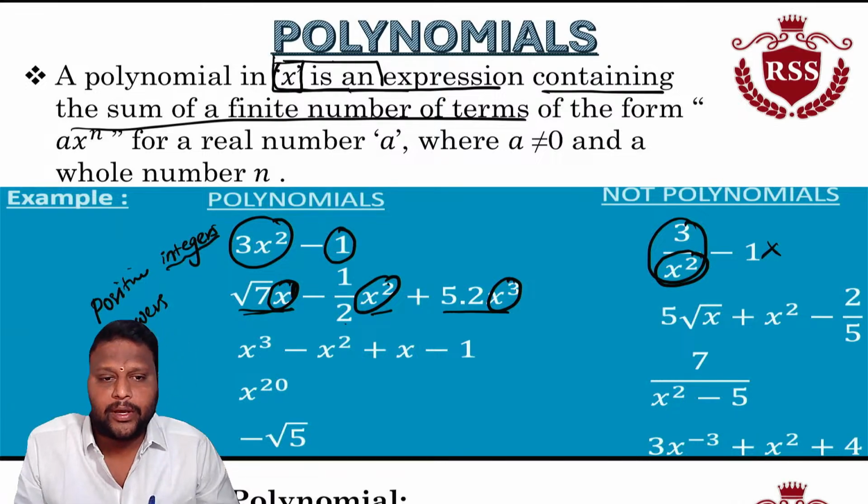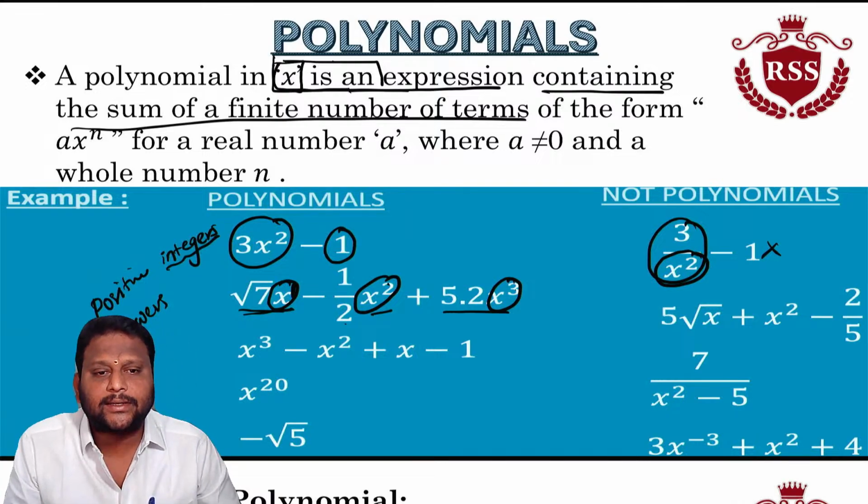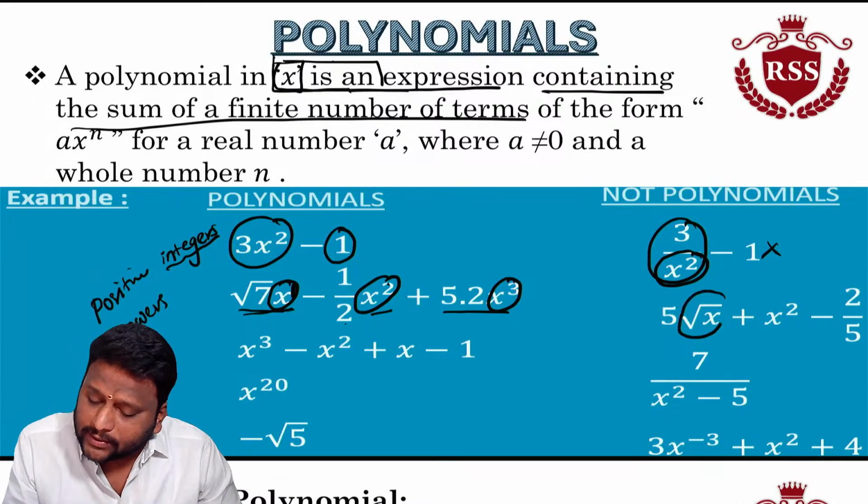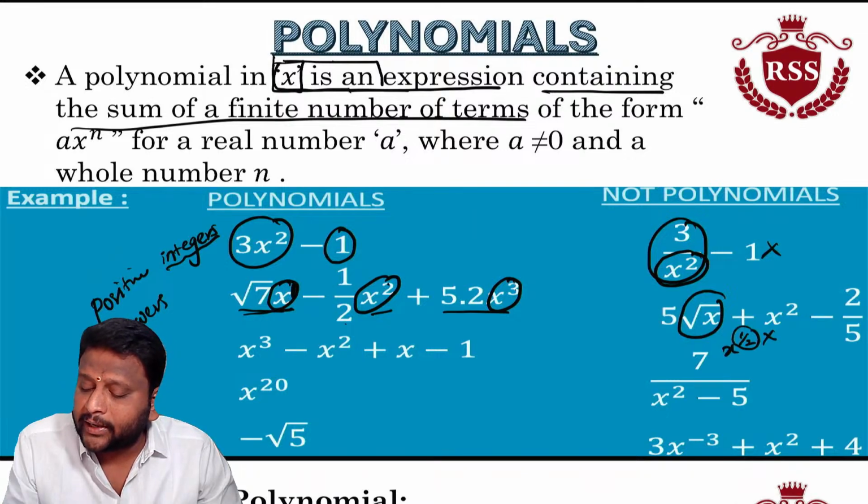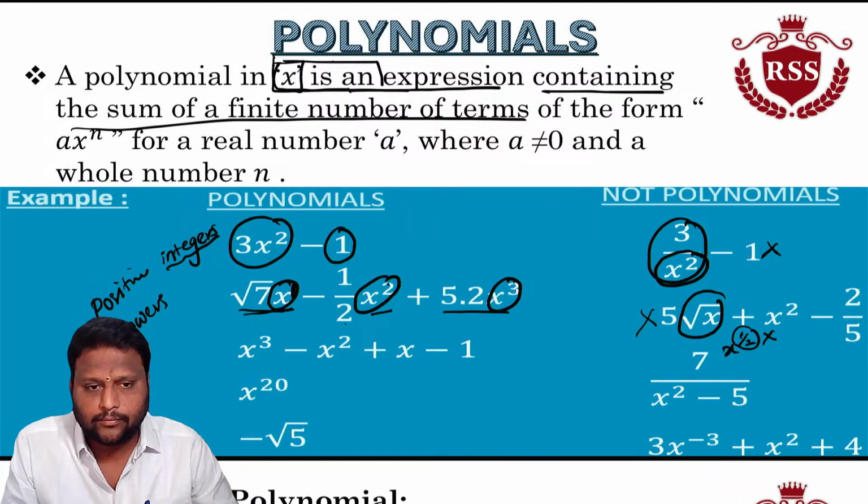There should be positive integers. Root x means x power 1 by 2, and 1 by 2 is not an integer. That's why this is not a polynomial. Clear?